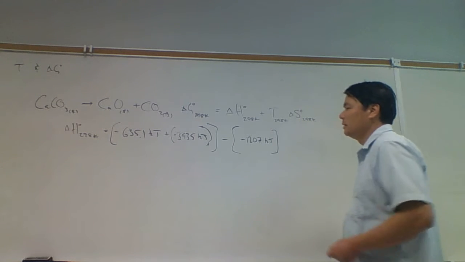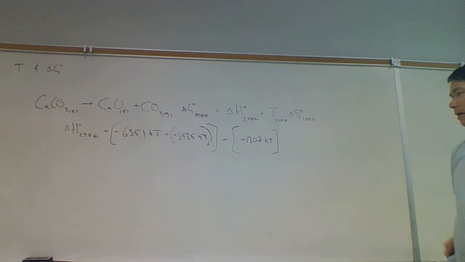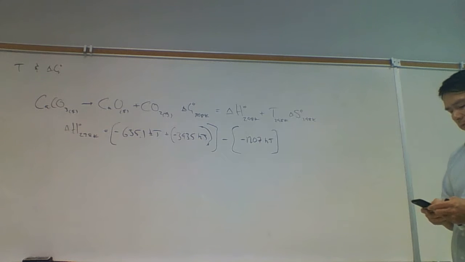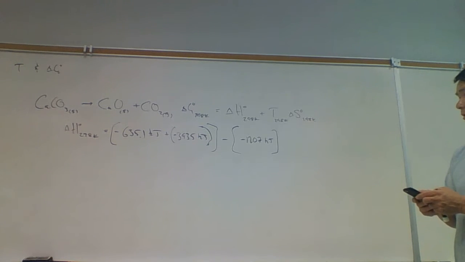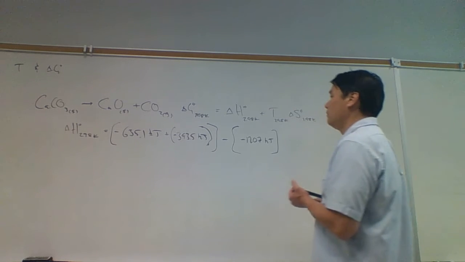Okay, so let's go ahead and calculate what our delta H value is for this reaction. 635.1, 393.5, 1207, 178.4.